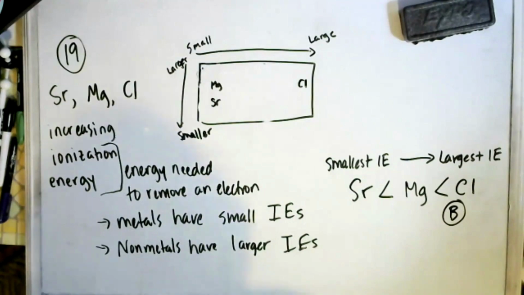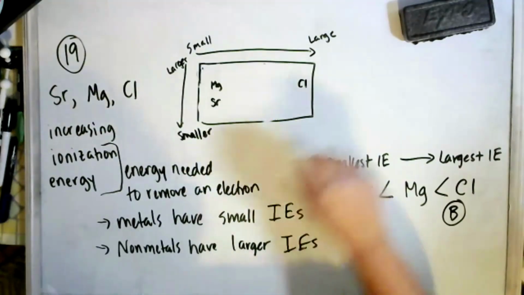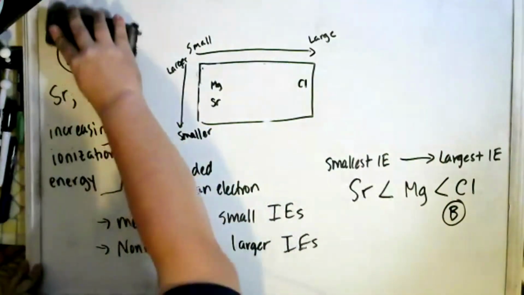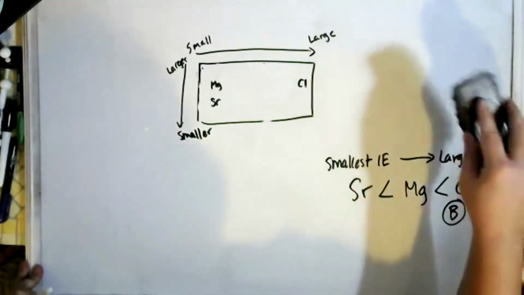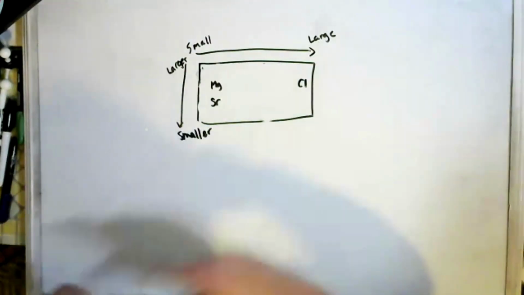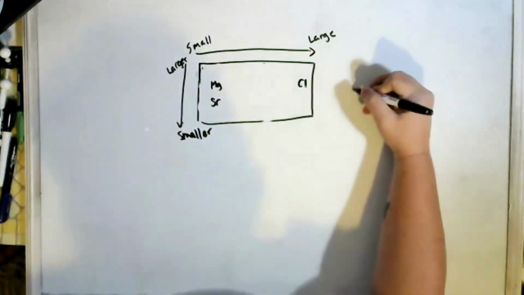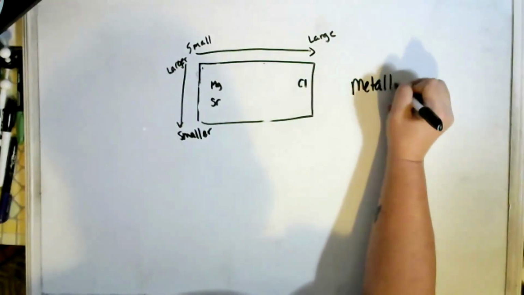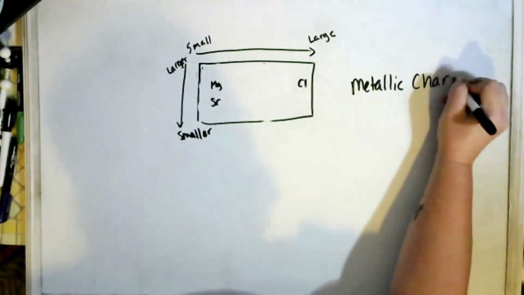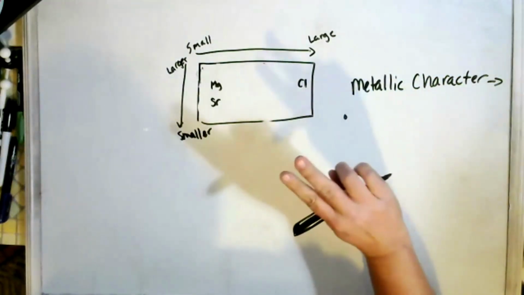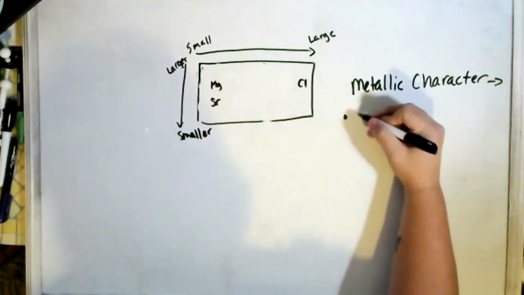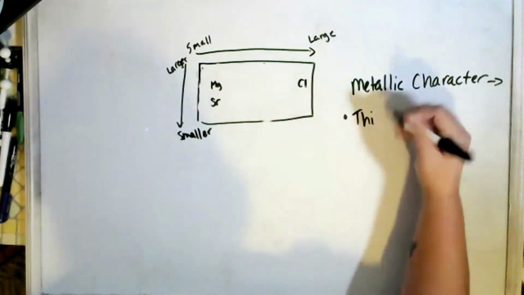And the final trend question is asking us to arrange 3 elements in order of increasing metallic character. Remember that metallic character is going to be related to ionization energy, because it's like an exact inverse relationship, or indirect relationship.